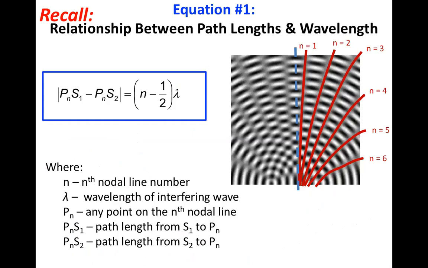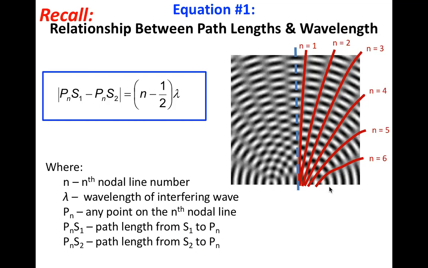So here's the first equation. It's based on the path length difference, the node line number, and the wavelength. Recall that we start numbering closest to the perpendicular bisector.